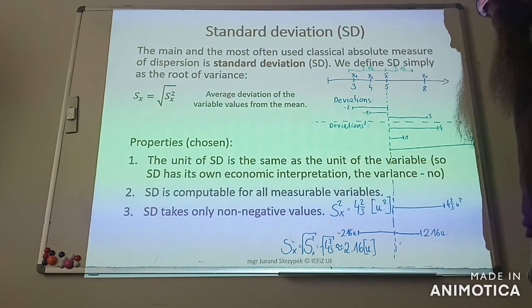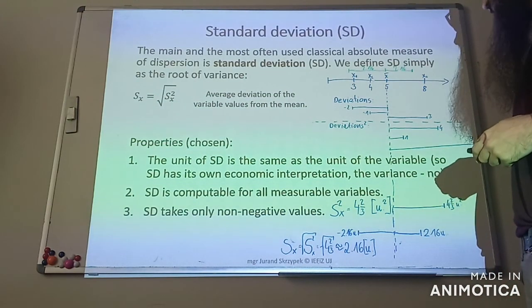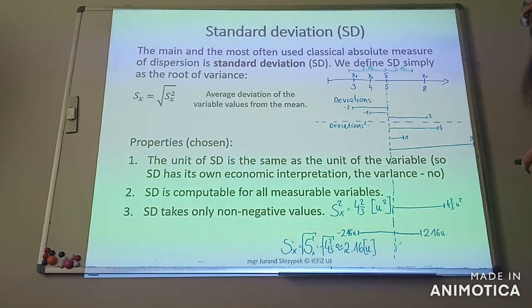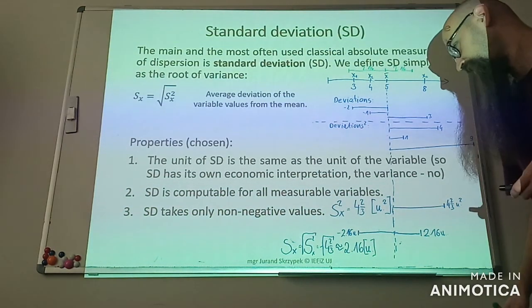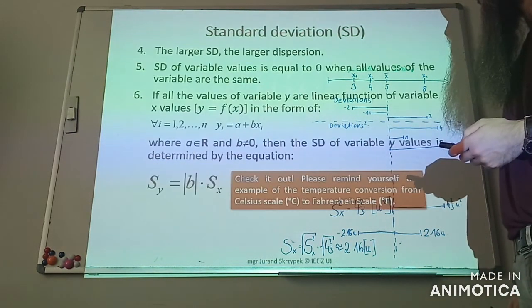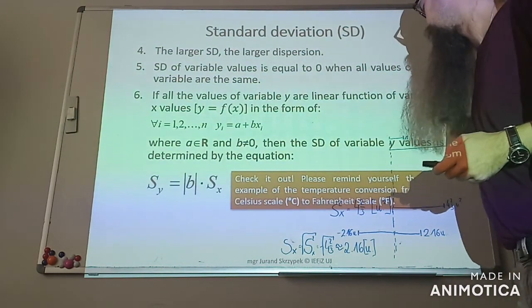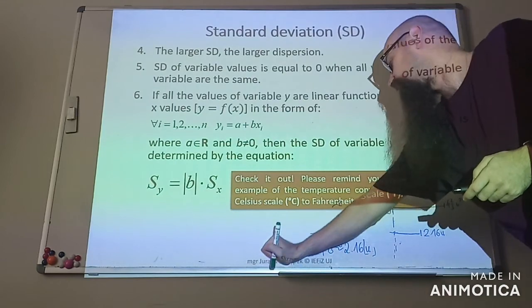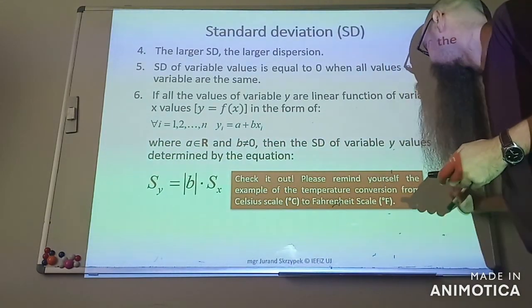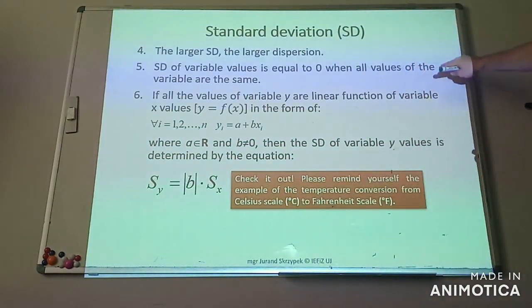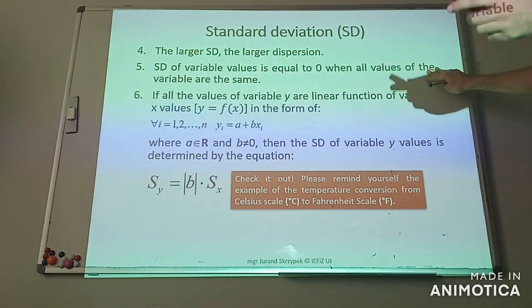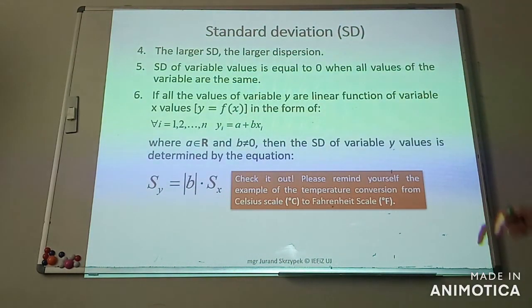Standard deviation is computable for all measurable variables, and it takes only non-negative values. Of course, the larger the standard deviation, the larger the dispersion we have. Standard deviation is equal to 0 when all the values of the variable are the same.